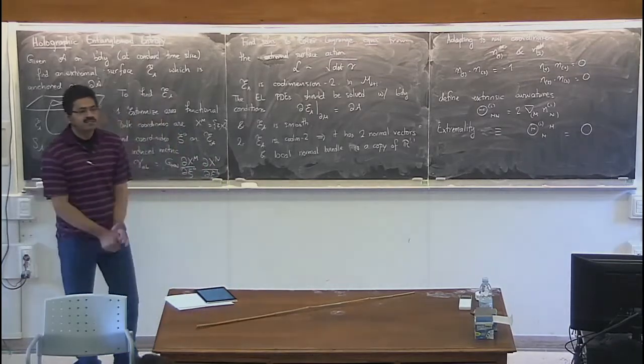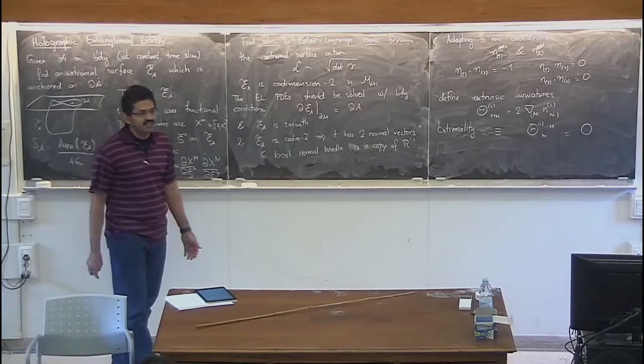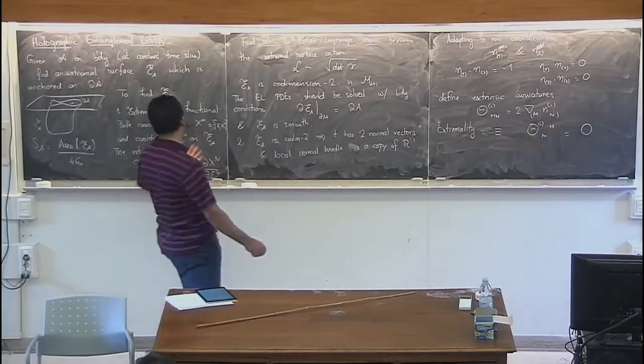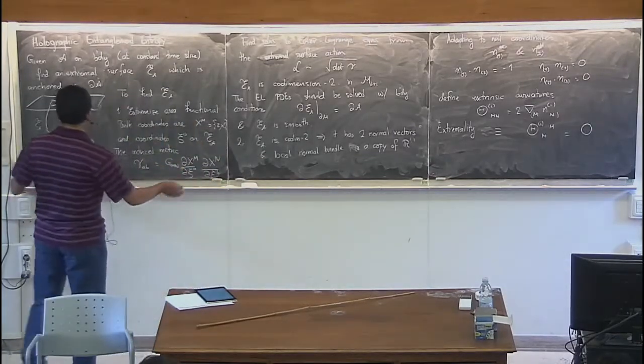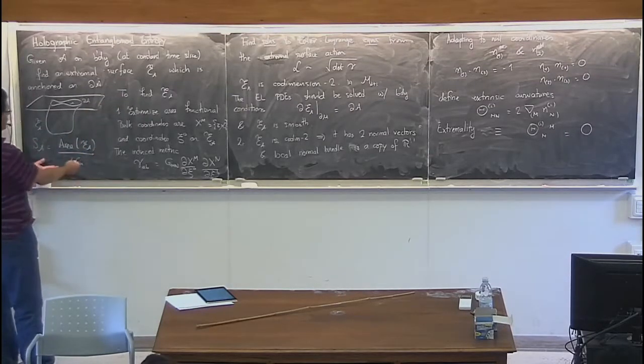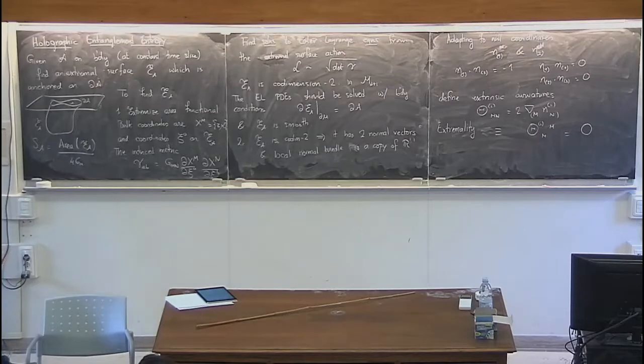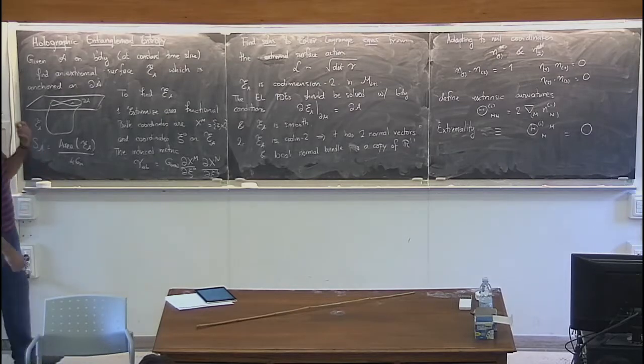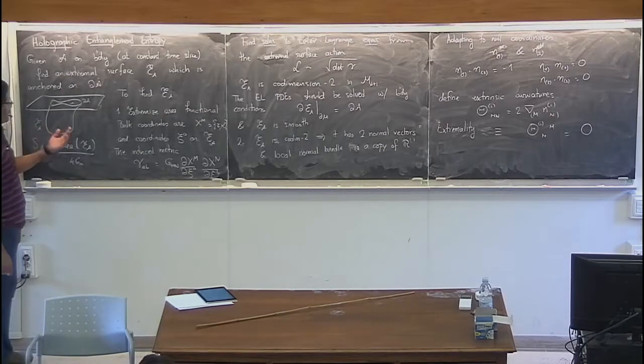Is that clear? So that sets up the algorithm. So it's a very clean geometric problem to find EA. And once you find EA, you have to plug it back into that area formula, evaluate its area, and you have to do some regulating to make sure that you get the right answer as you go to the boundary of ADS in some regulation scheme. But apart from that, it's very straightforward.